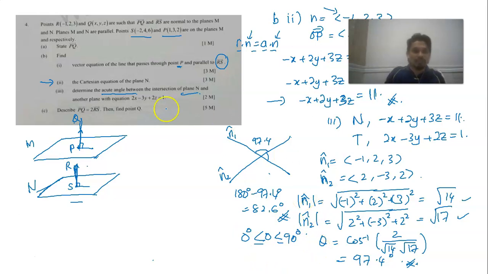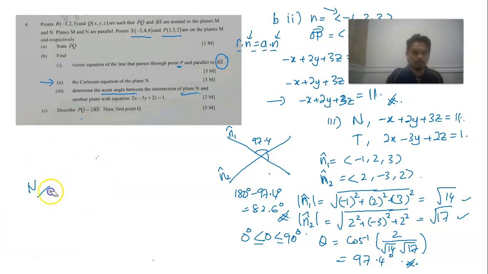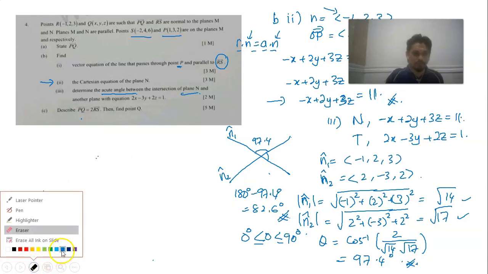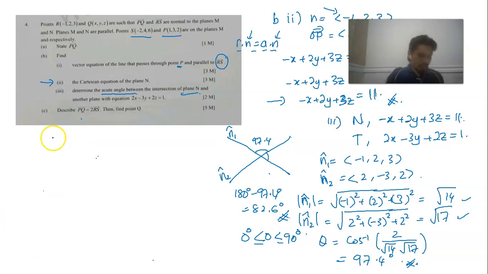So now for question C: PQ equals 2RS, then find the point Q. So PQ equals 2 times RS.